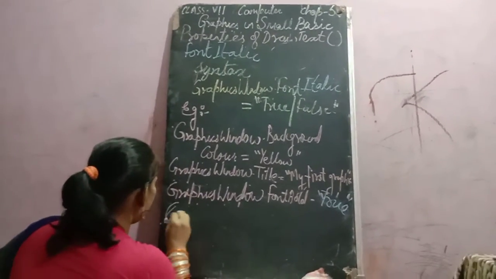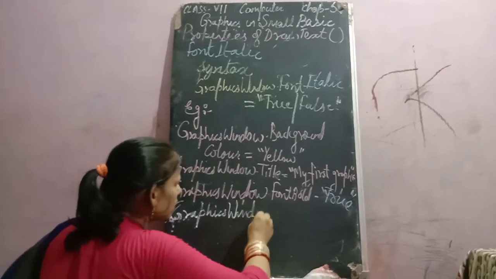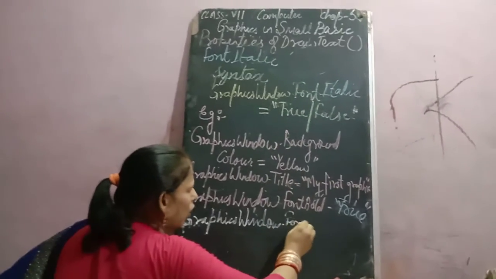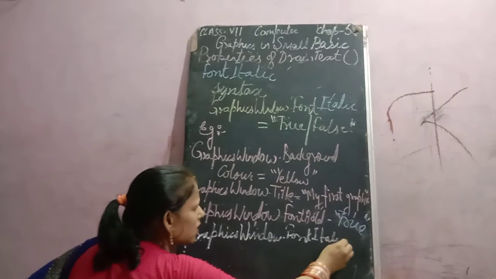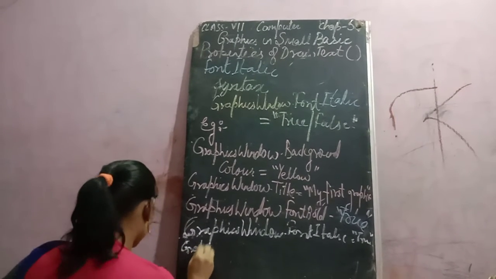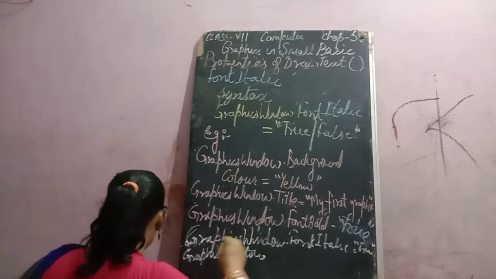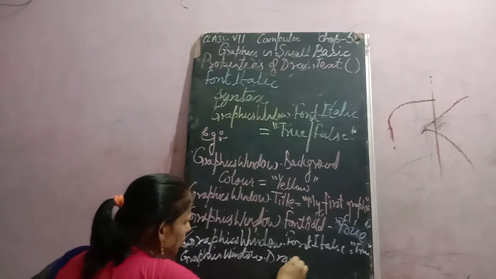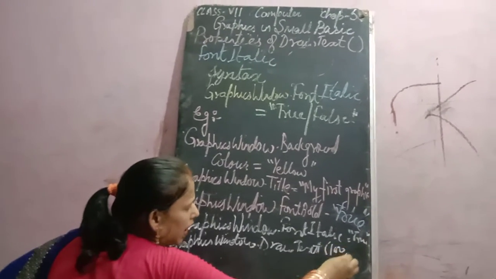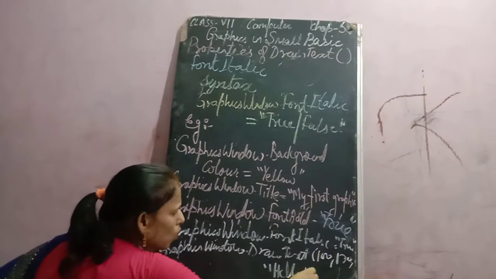Graphics window dot font italic equal to true, and after that graphics window dot draw text, coordinates 100, 130, hello world.